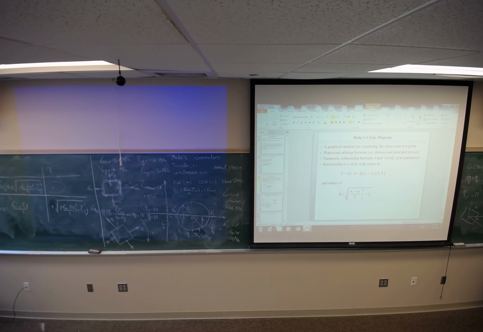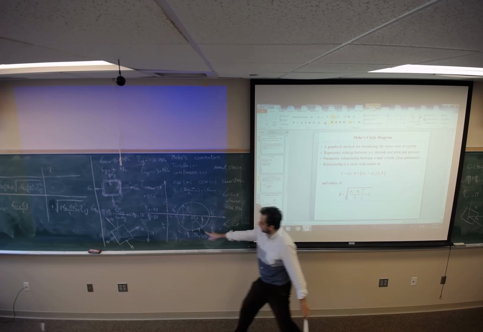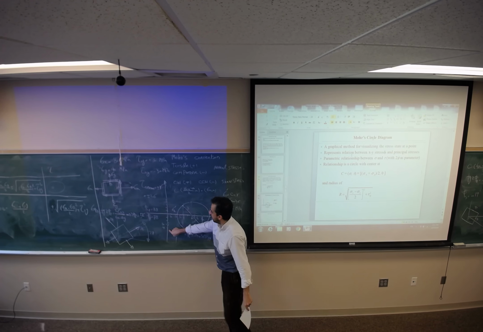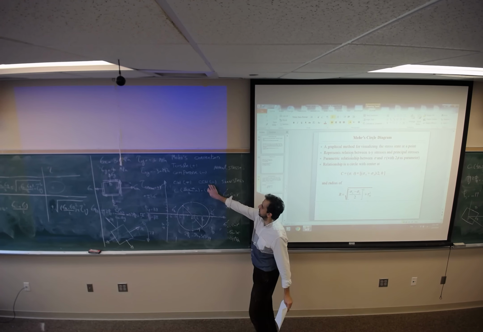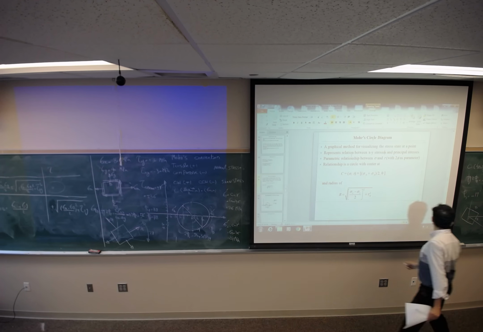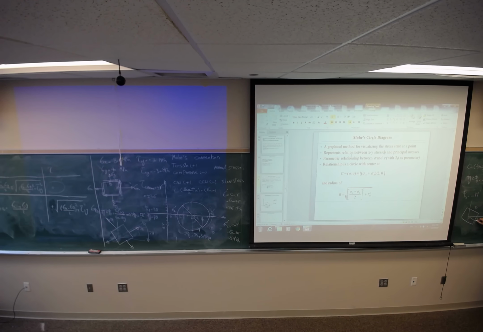What would be the coordinates of point A? Point A is going to see negative shear stress of 36, and negative means counterclockwise. So I should put the arrow upward because it's making counterclockwise rotation.